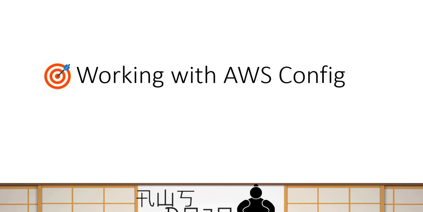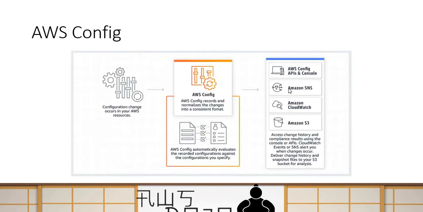Today, we are going to talk about working with AWS Config. This is a very interesting service provided by AWS. The primary job of AWS Config is to track the configuration changes happening in the resources used inside AWS.